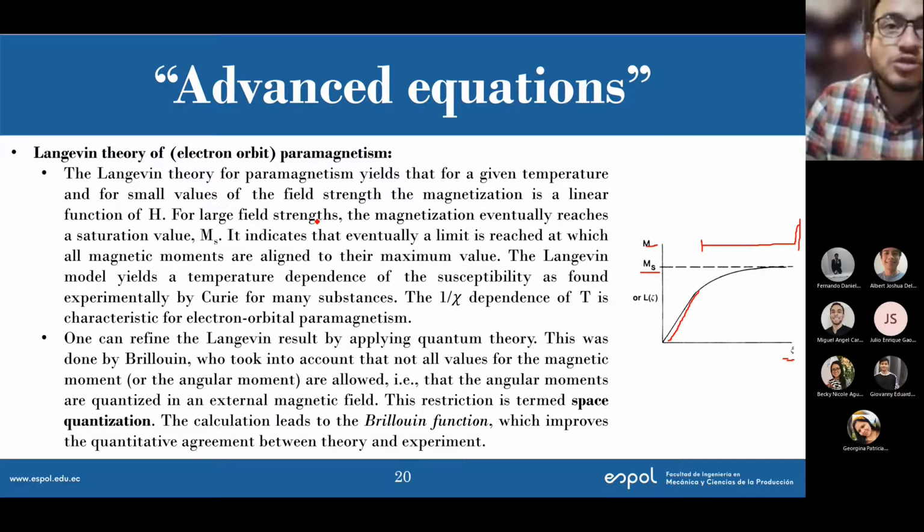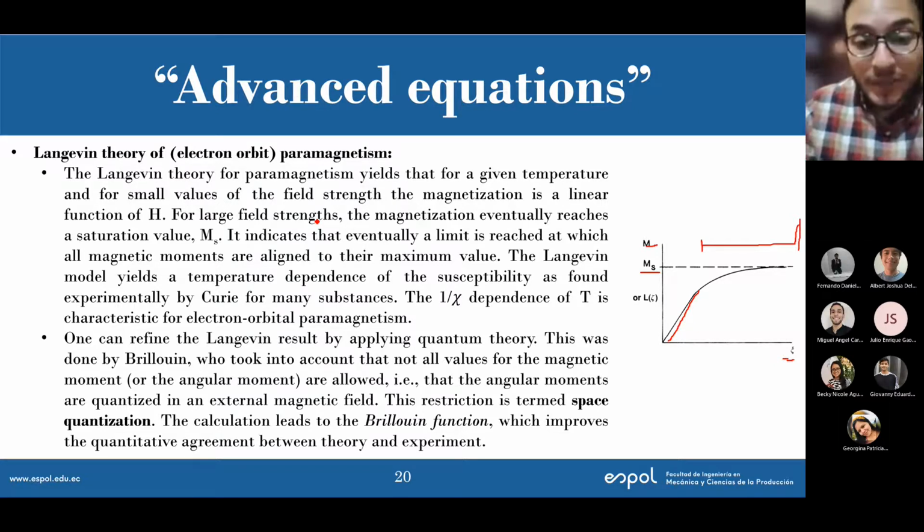So he basically said there should be only certain magnetic domains that will be able to align according to the external magnetic field. Such as in the Brillouin zones, in the energy bands, there is an energy quantization, here there should also be a space quantization, right?